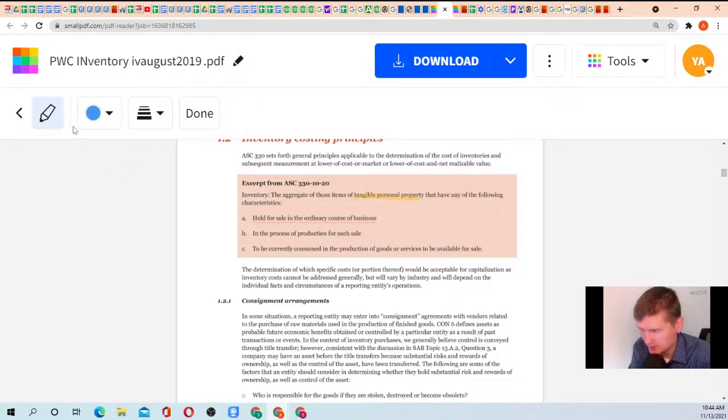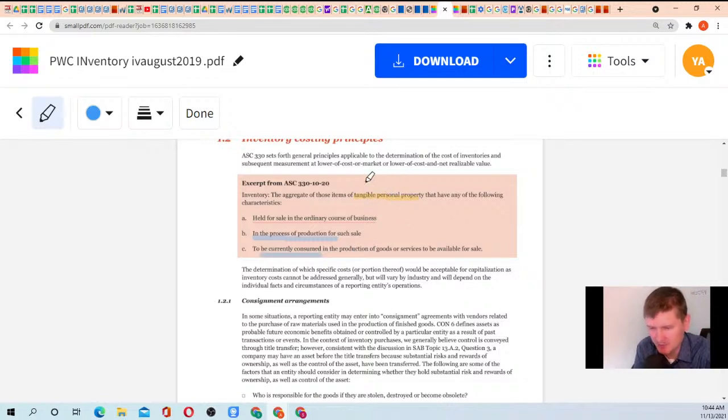Okay, let's try this one bigger. In the process of production for such sale. To be currently consumed in the production of goods or services to be available for sale.